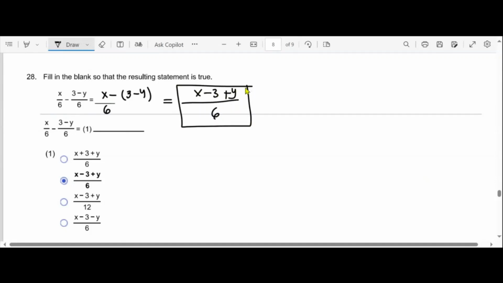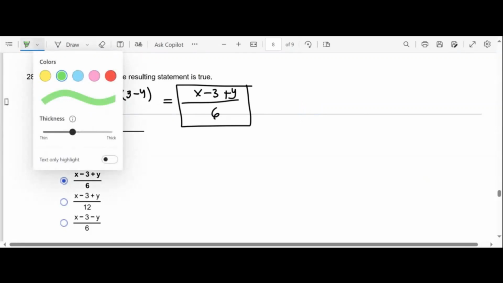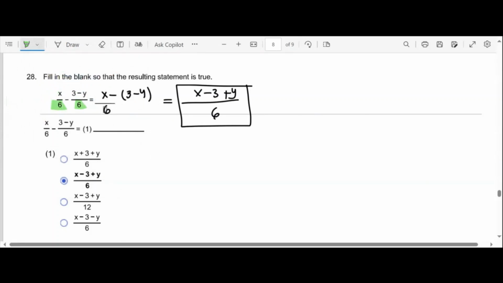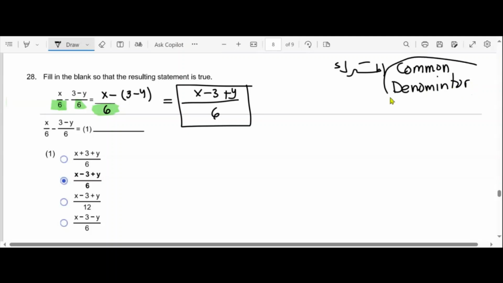Khalid? Yes, doctor. So I think, because last time you mentioned why the sign changes after the 3. We have the common denominator here. What's the common denominator? It's 6. Muhammad, what's the LCD?